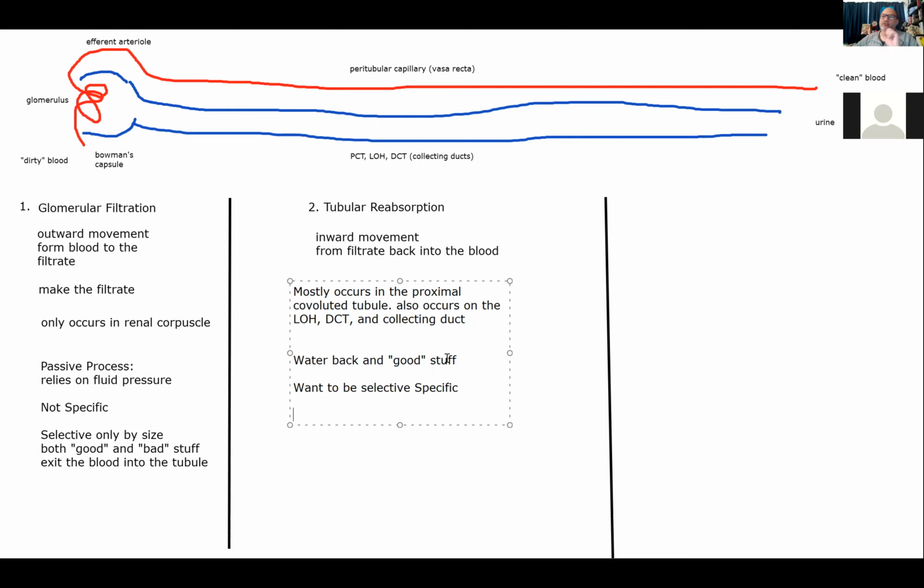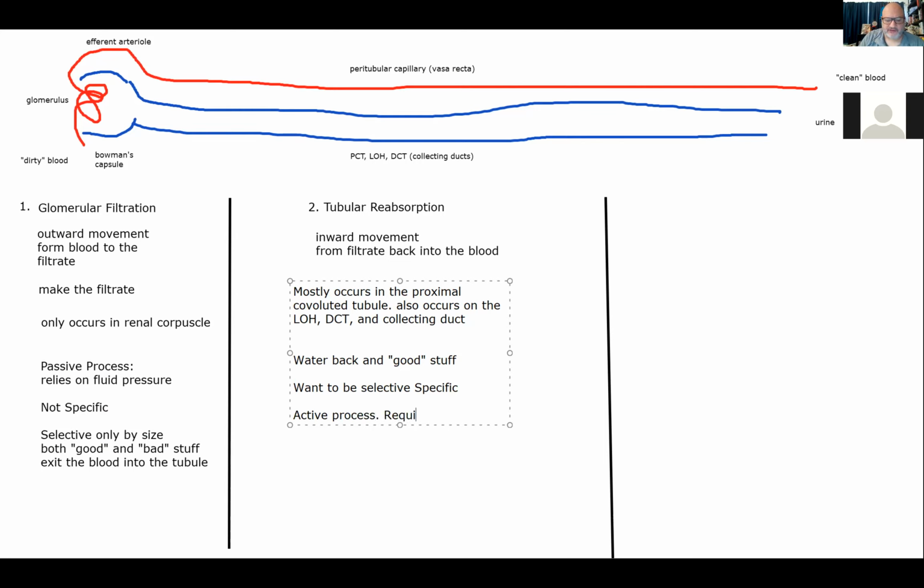Right? We could just poke holes in something and let whatever fits through those holes out. And that could be passive. We don't have to be selective. We don't have to exert any energy to do that. However, if we want to inspect something and make sure that's something that we want to bring back, that's going to require energy. So this is an active process.